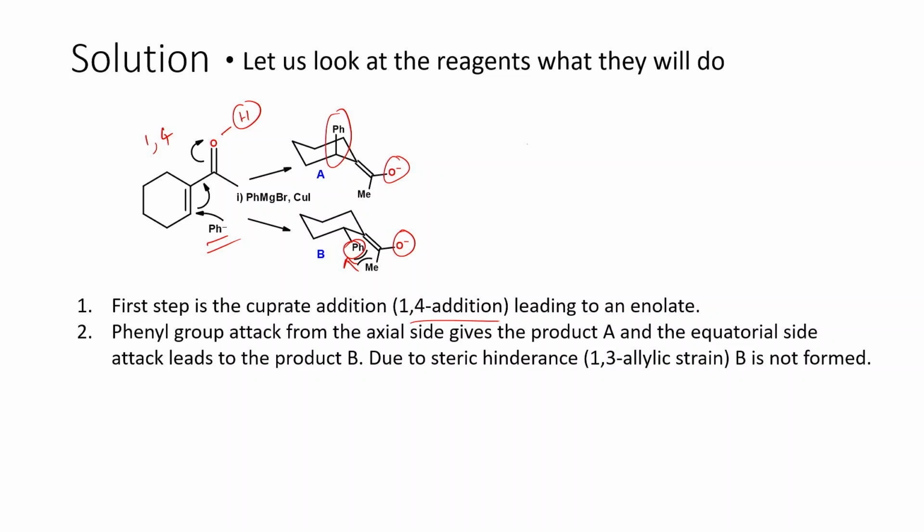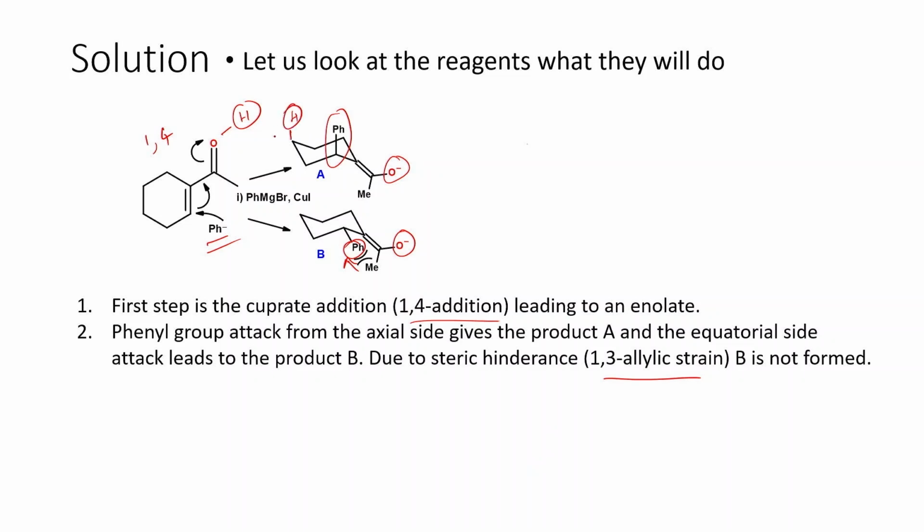Moreover, in A, we may have a very small 1,3 diaxial interaction, but that is very small compared to the 1,3 allylic strain in the case of the methyl group. So this 1,3 allylic strain is very high compared to the 1,3 diaxial strain, because in the other group we only have a hydrogen atom.